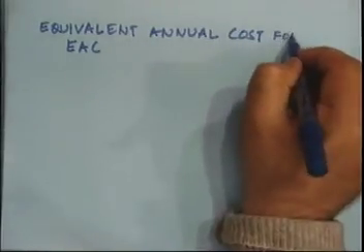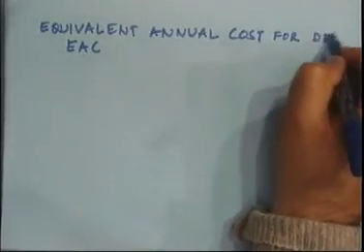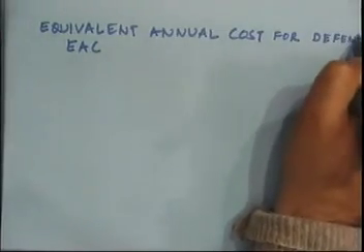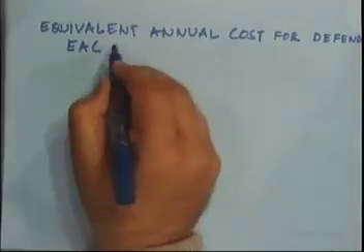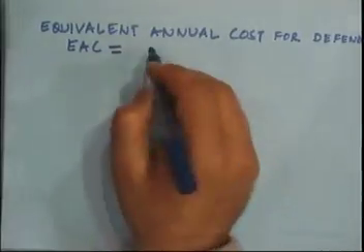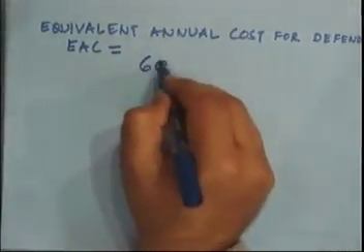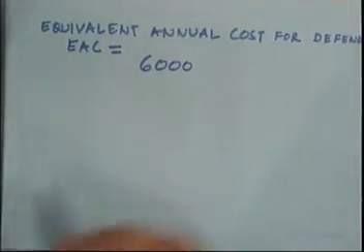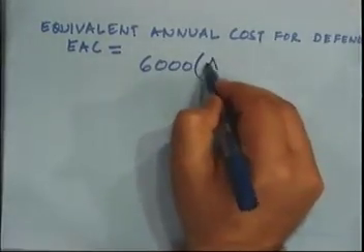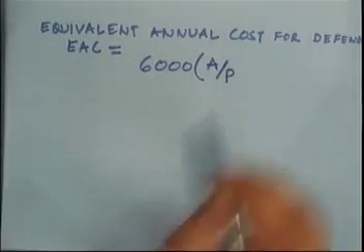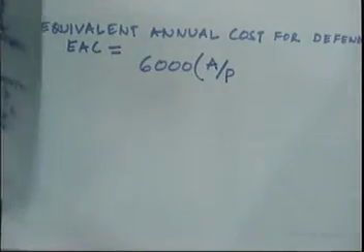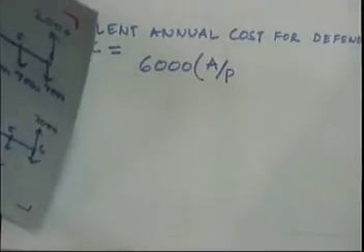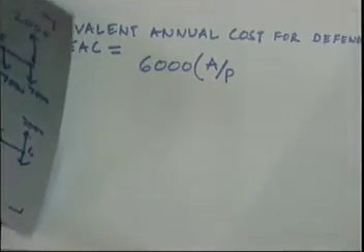EAC for the Defender would be equal to how much? 6,000 multiplied by A given P, because this is the money that I will be getting if I sell it right now in the market.